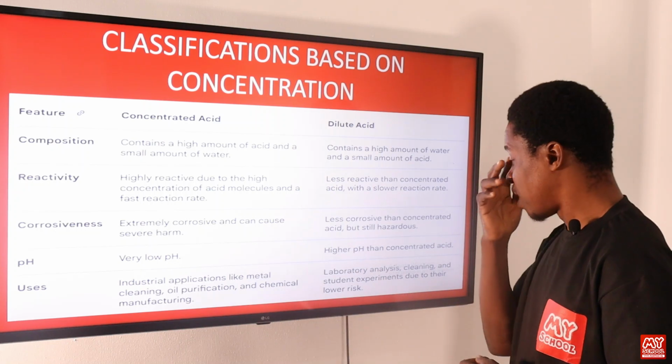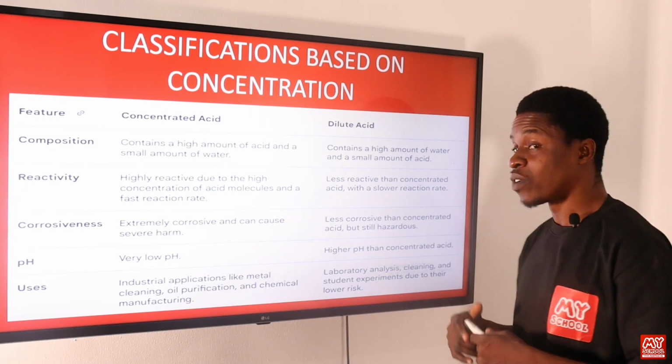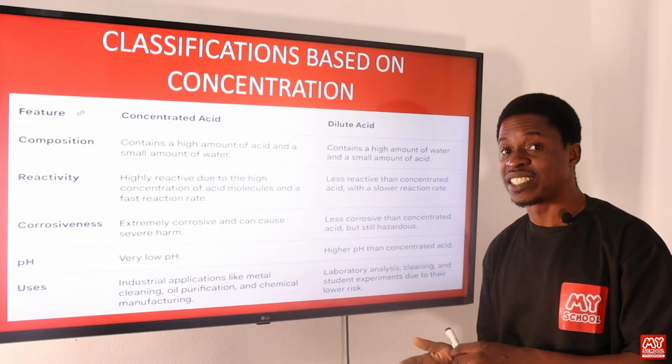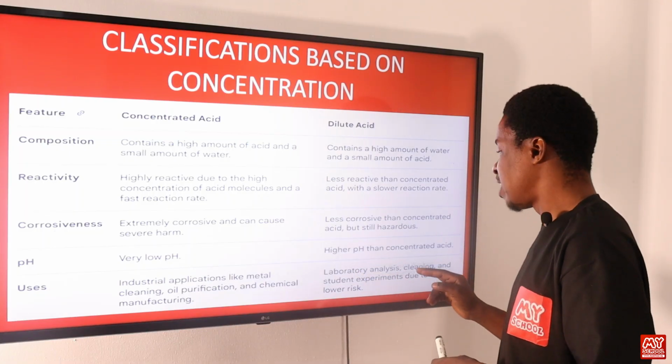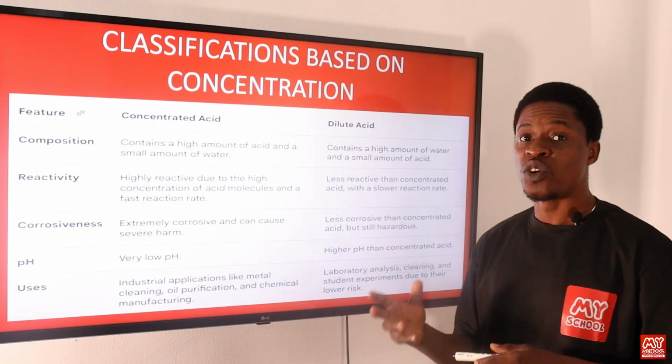Then diluted acids have applications in laboratory analysis. If you want to characterize a substance, whether qualitative or quantitative analysis, you will need what? Diluted acid. Also cleaning, and then student experiments due to their lower risk.